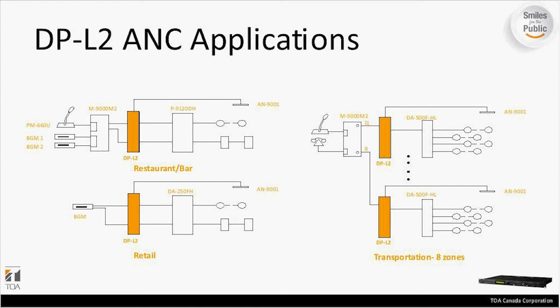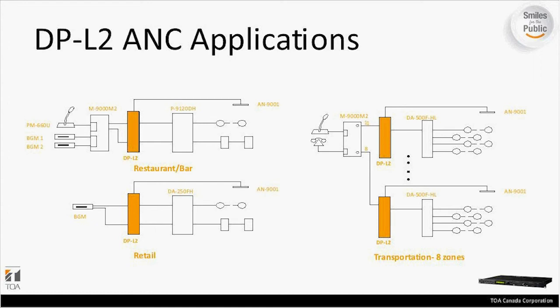Or over on the right side, we're looking at a transportation or an area with multiple zones. So again, you may want to use a microphone. You may want to do telephone paging into the different zones. So you would need a mixer, and then from the mixer into the DPL2.